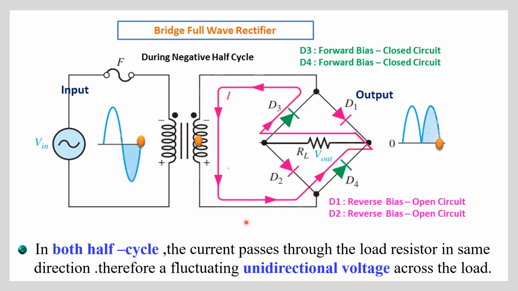In both half cycles, the current passes through the load resistance in the same direction. Therefore, we get a fluctuating unidirectional voltage across the load. Clear? So for the negative half cycle as well as the positive half cycle, we convert bidirectional AC into unidirectional DC voltage.